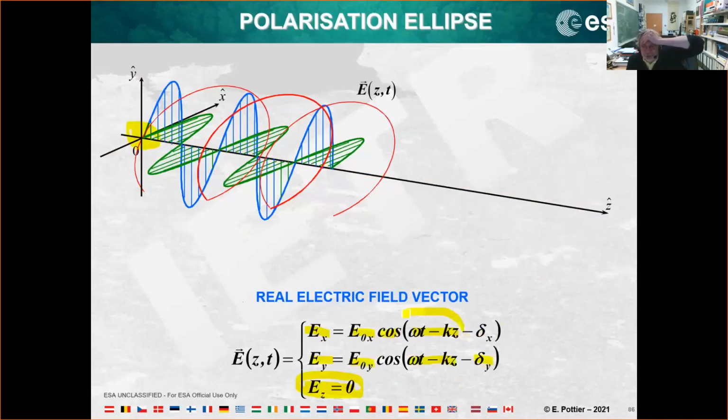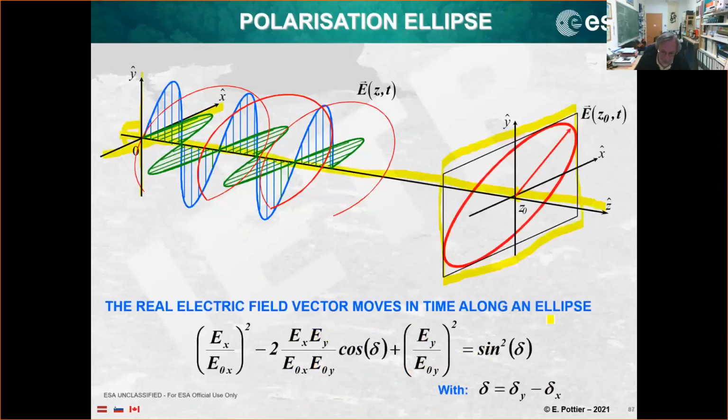So in common, you have in fact what we call the phasor omega t minus kz. So what I have to do, I have to substitute, during the derivation, this phasor between these two equations. And you can see that the result will be the ellipse, the polarization ellipse.